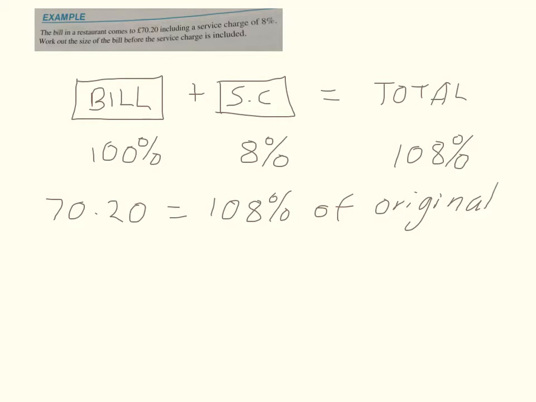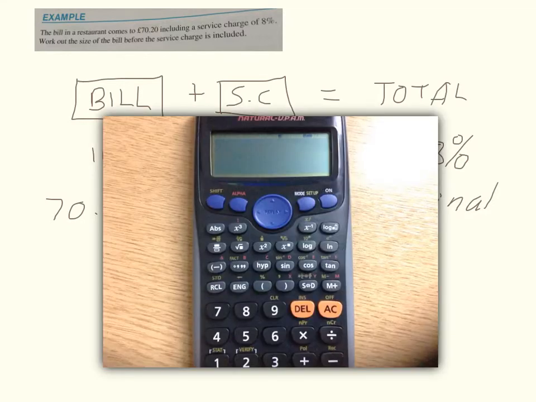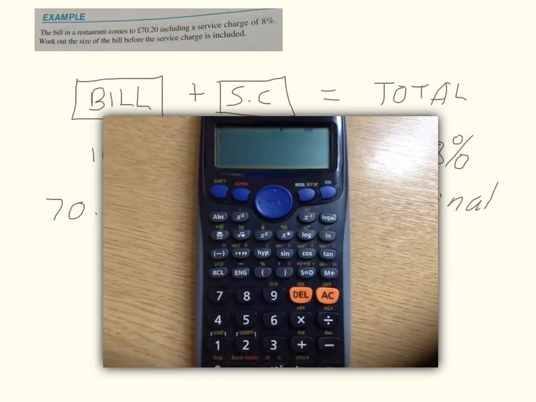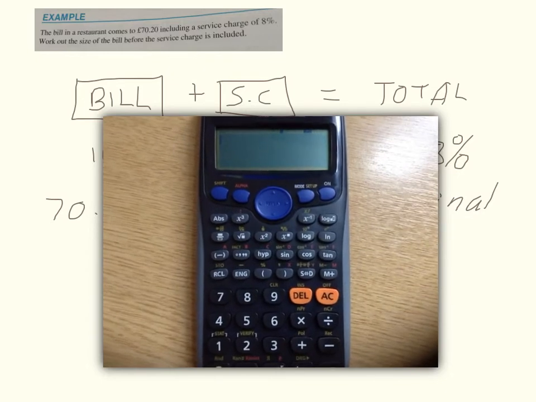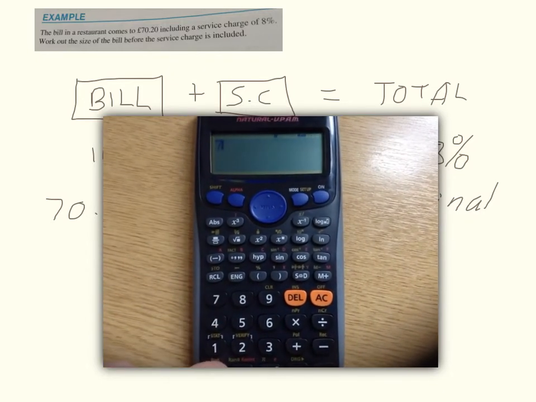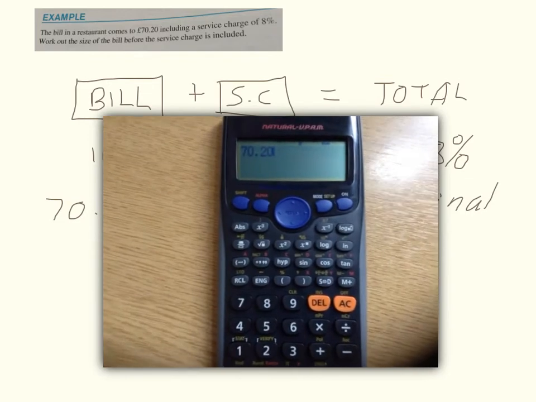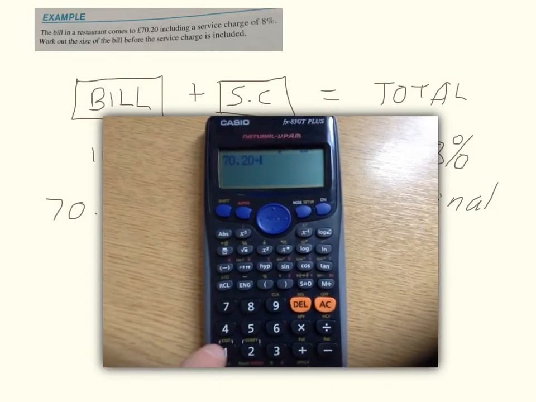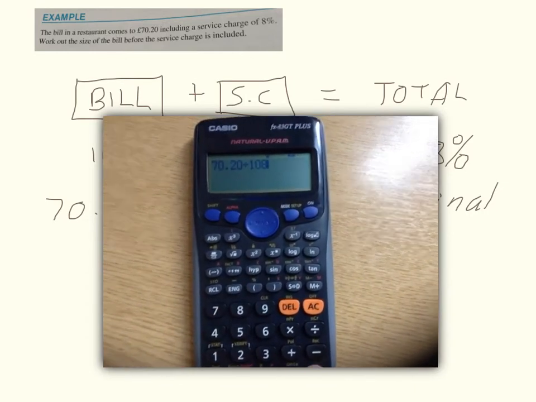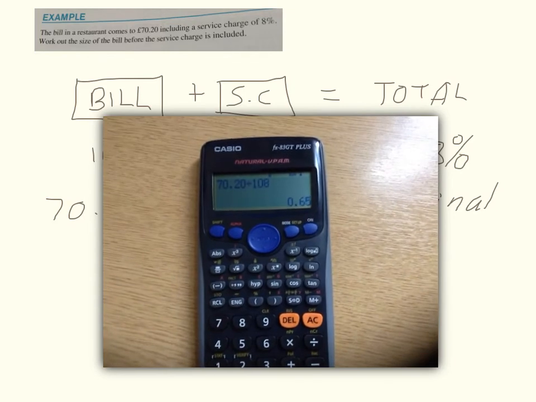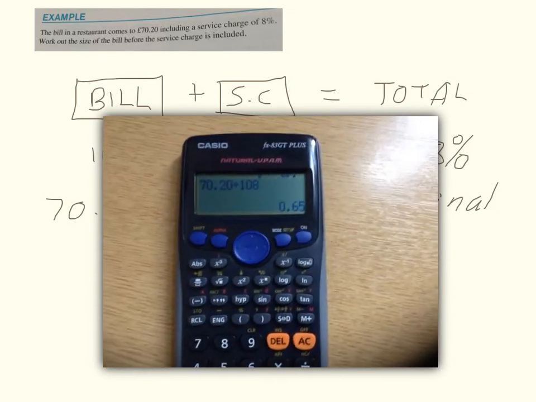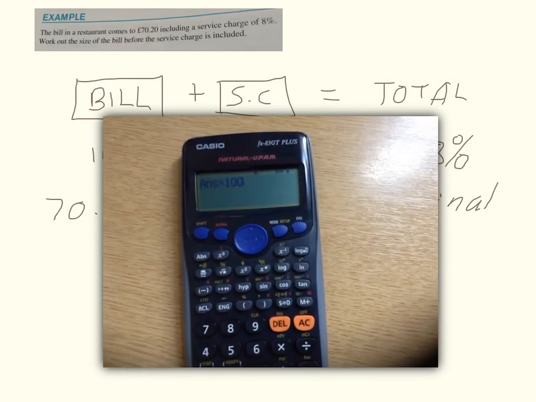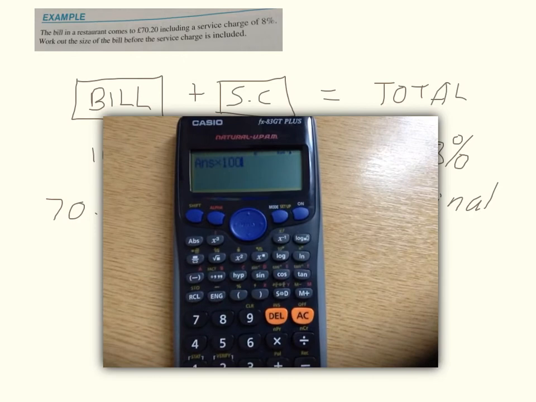Okay, and this is what I'm going to do on my calculator. I'm going to type in my £70.20. Now that's 108%. So I'm going to divide by 108, and that will tell me what 1% is. So 1% is 65p. Now if I want to find the original, all I do now is multiply by 100 to get the original price, because remember the original was 100.